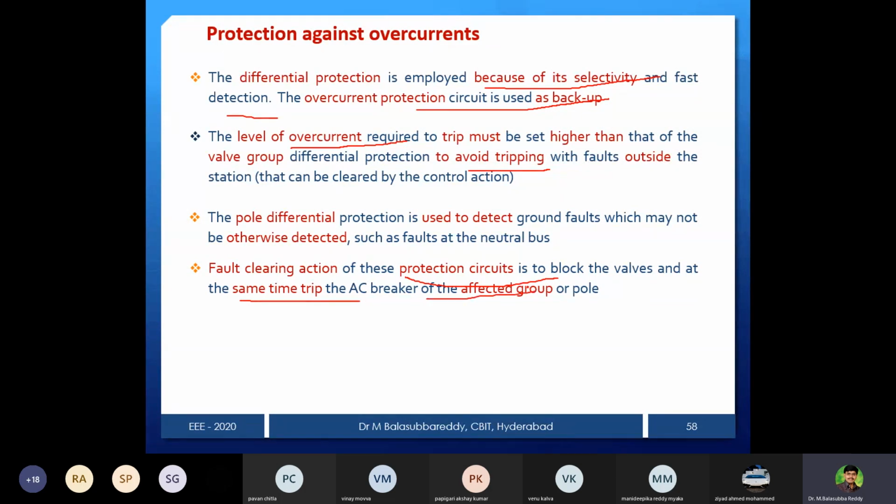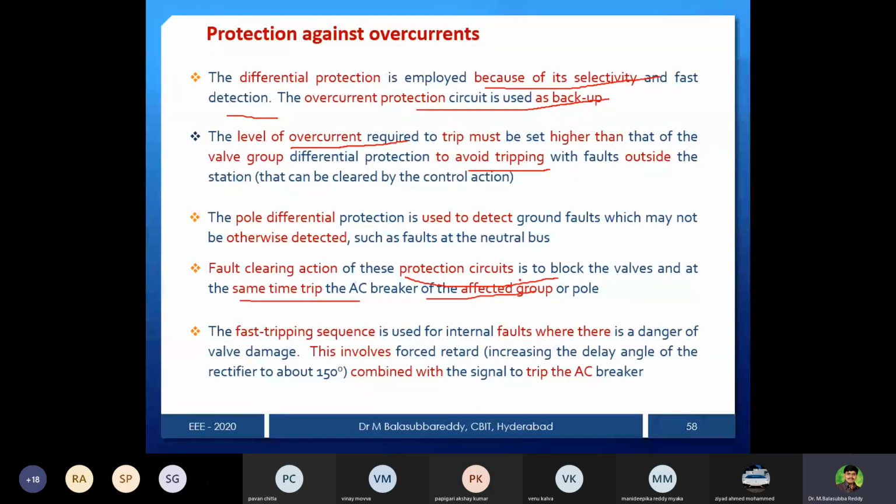So if any valve is affected, that group is going to be tripped because we are using it as a protection system. Fast tripping sequence is used for the interruption of internal fault where there is a danger of valve damage taking place. So this involves forced retard.